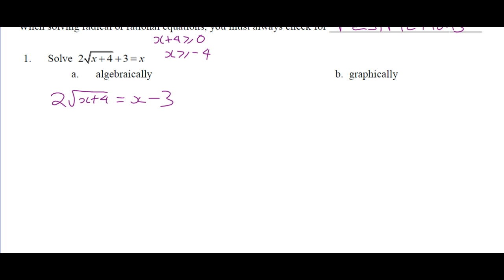Now what? We could divide, but it would get ugly, so let's square both sides. If that had been like a 2x minus 4, where I could divide by 2 and end up with a simple thing, I would do that, but it's not. So this is 4 times x plus 4, and this is x squared minus 9.